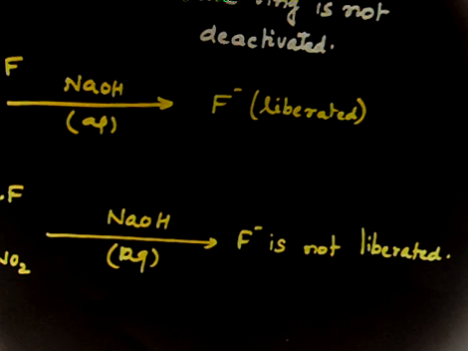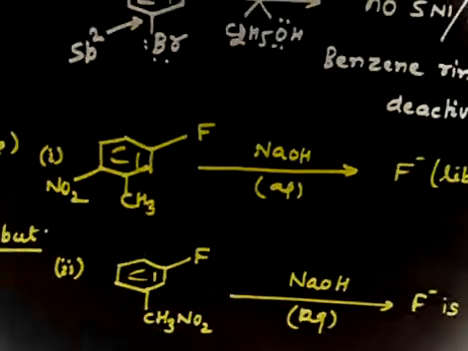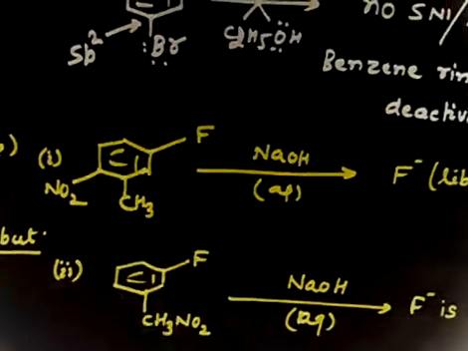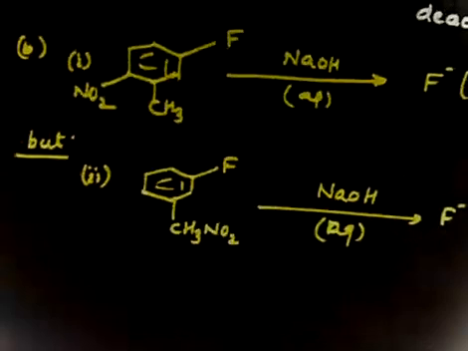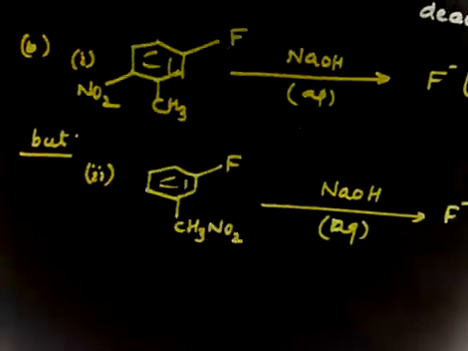So what should be the reason? Now you see, in the first case you have an NO2 group attached at the para position, and in the second case you do not have any NO2 group directly attached to the ring.